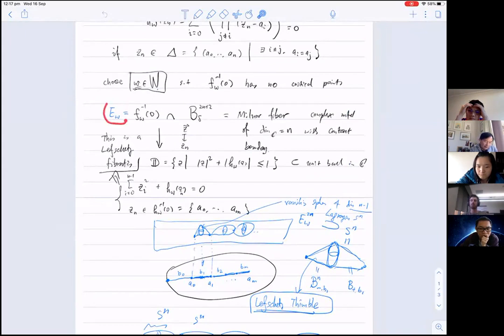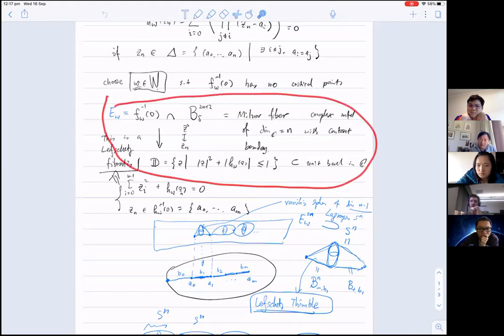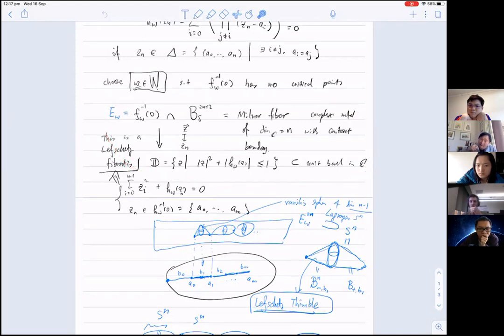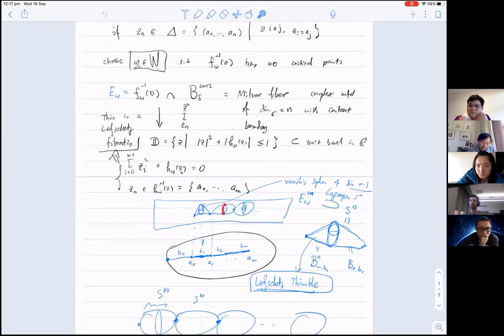For a fixed Milnor fiber, as actually the material observed, you need a Lefschetz fibration on the Milnor fiber. So here is a Lefschetz fibration from the Milnor fiber. And then of course we have the Lefschetz fiber, which is a sphere.